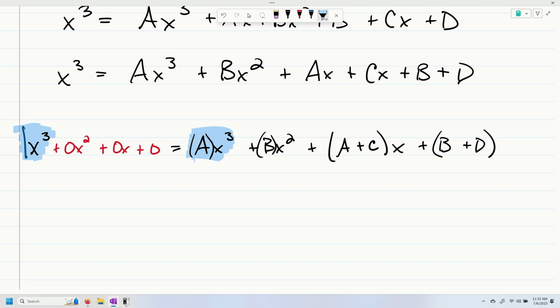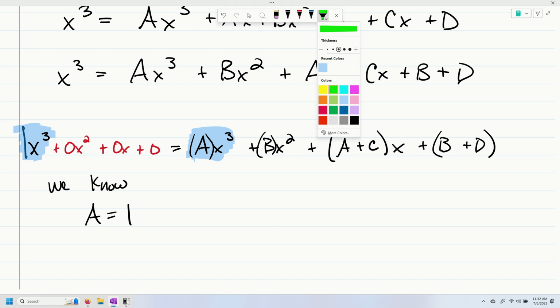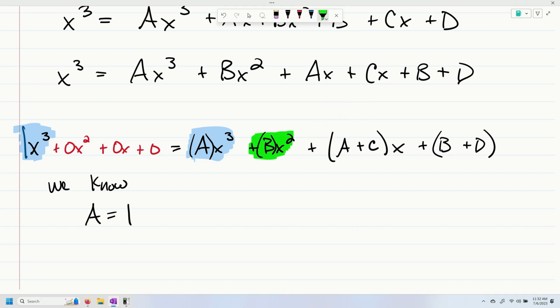All right? So we know a equals 1. We also know that this term right here, the x squared term, has to equal the x squared term over here. And since it's only the letter b, we automatically know b equals 0. So really what you're looking at are just these last two.